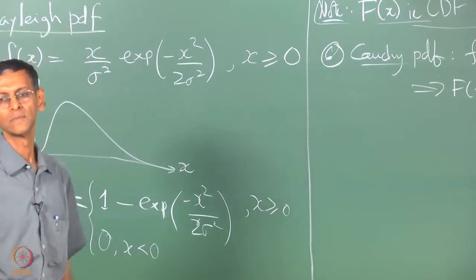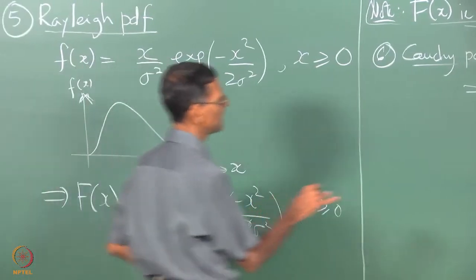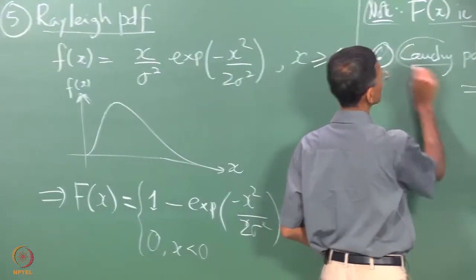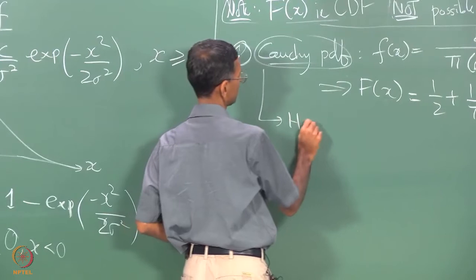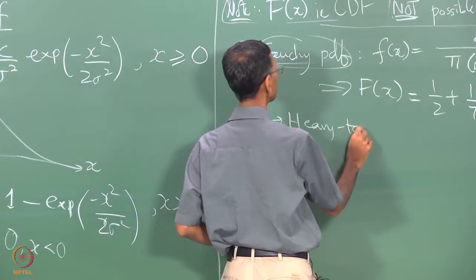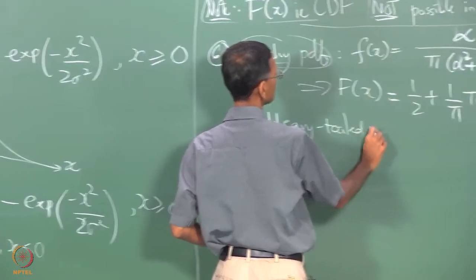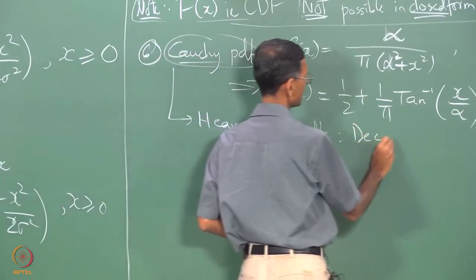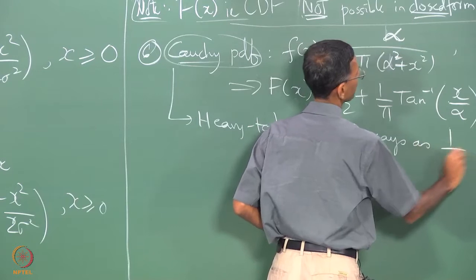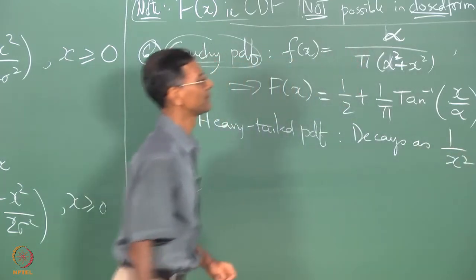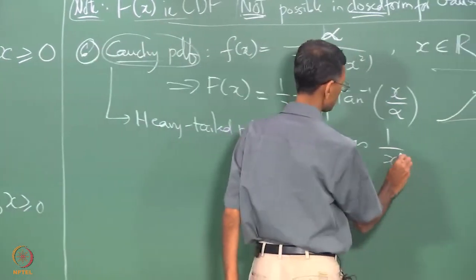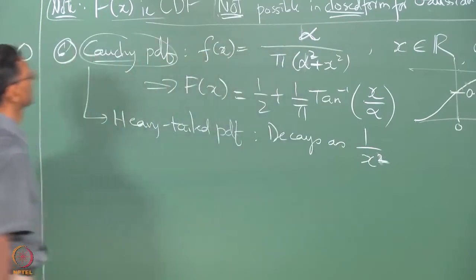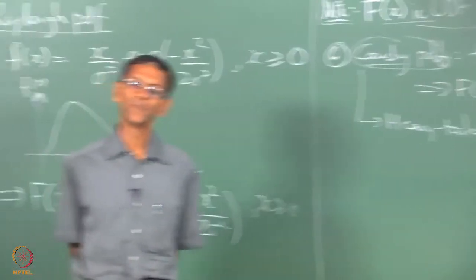So that is for later. This PDF is called a heavy tail PDF, an example of a heavy tail PDF; its rate of decay is 1 by x squared.